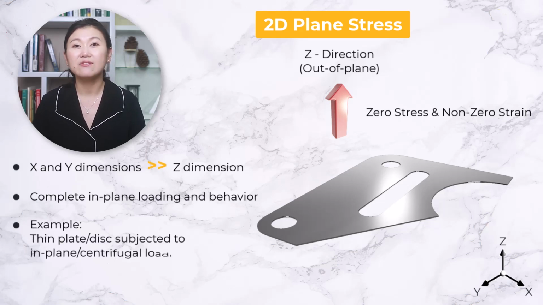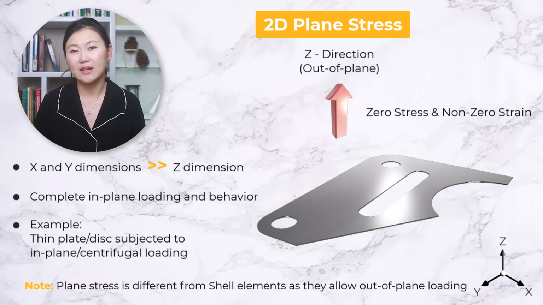For example, flat plates subjected to in-plane loading or thin disks under centrifugal loading. Thus, plane stress analysis is useful for thin structures where the loading and behavior are completely in plane. We can insert the thickness of the cross-section if required, otherwise unit thickness is assumed.